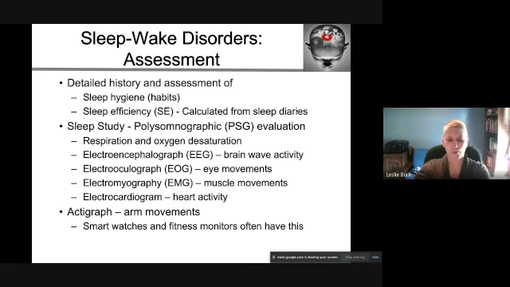And we would ask people to wear that at night when they were sleeping, and it would record how much they were kind of moving and flipping and flopping around. Now that we have smartwatches and Fitbits and things like that, sometimes we can use data from those. People are wearing those at night to help give us a little window of what's happening at home.